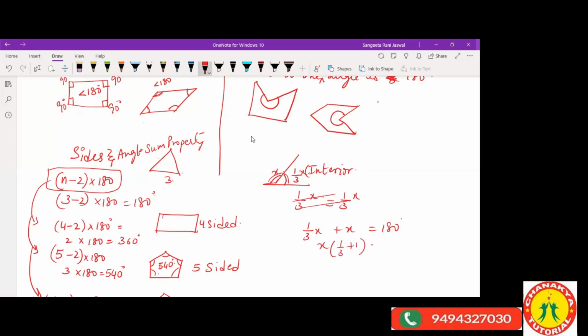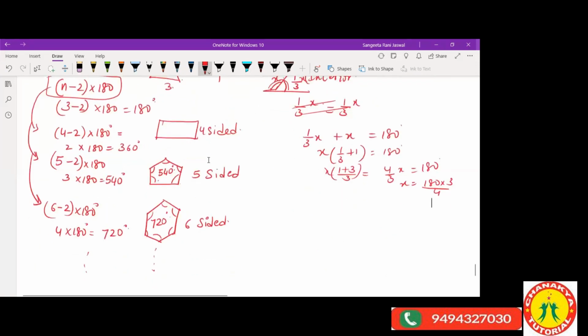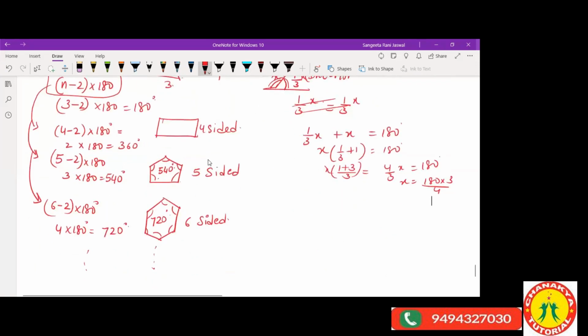So this gives me x times (1/3 plus 1). What is 1/3 plus 1? Taking the LCM 3, this is 4/3. So 4/3 x equals 180. What is x from here? 180 into 3/4. Just reduce it to simple form.